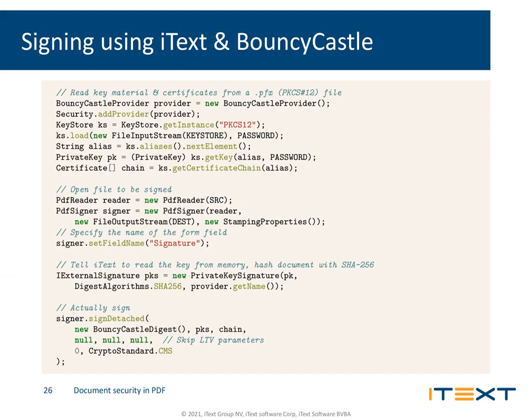And then I specify the name of the form field where I want the signature to go. Then I point iText to the private key that I just loaded from my PKCS12 file, and I tell it to use SHA-256 to compute the document hash. And finally, we call the sign detached method on the signer to actually produce a signature.